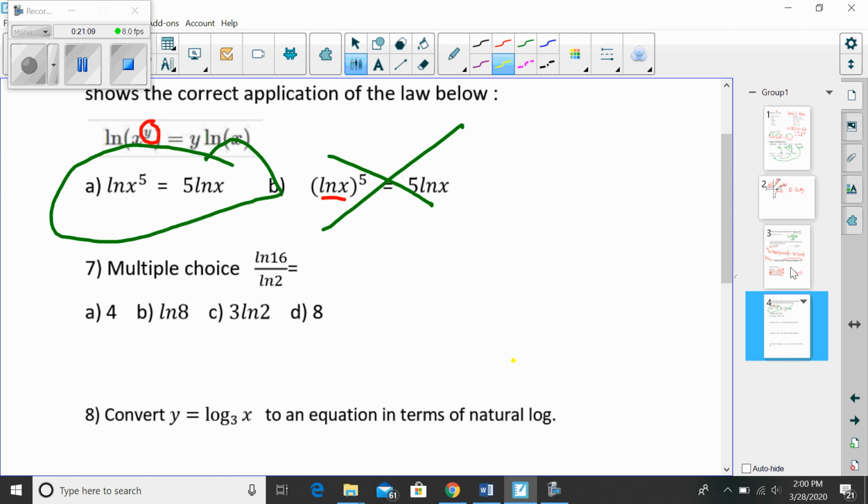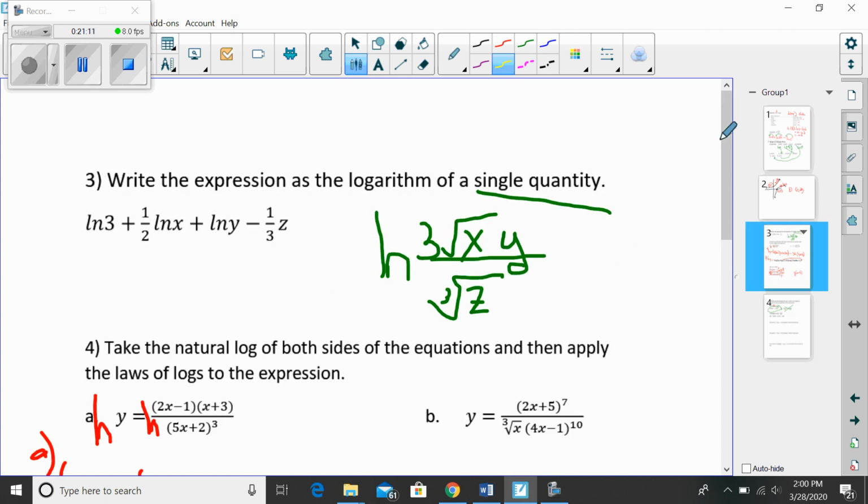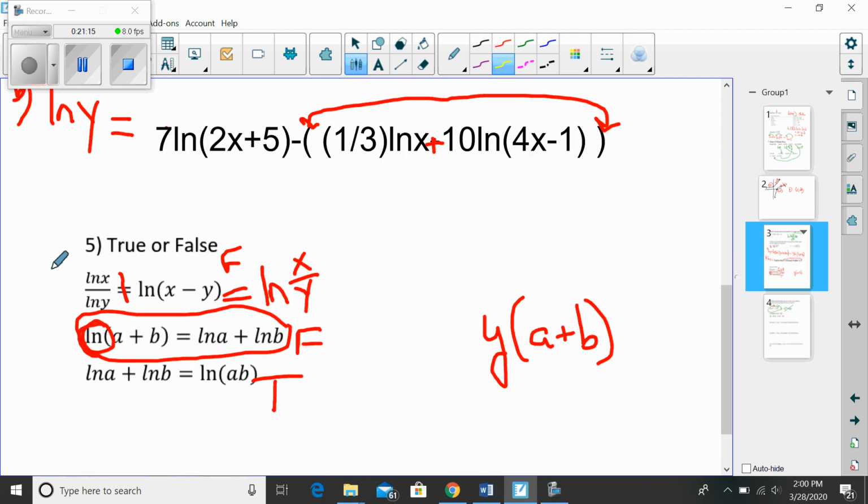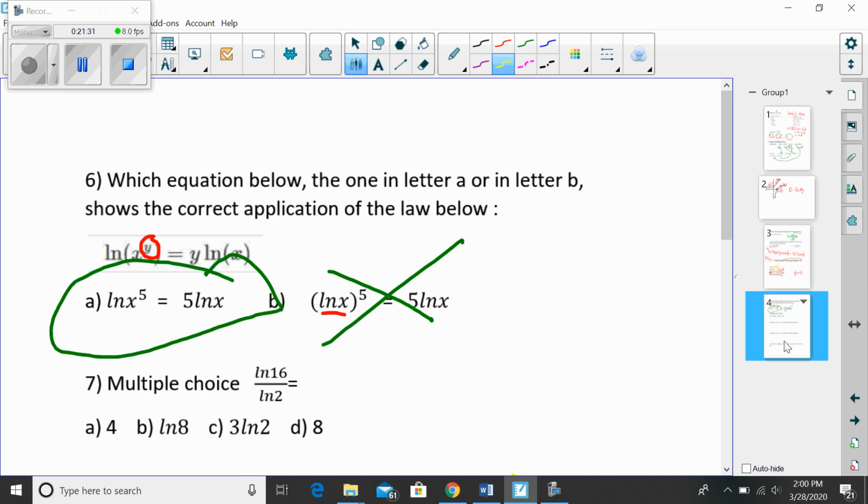That would be like trying to say that, let me try this again, this is also not true. This does not equal the natural log of x over y. That's what they were trying to do there in saying that that was 8.